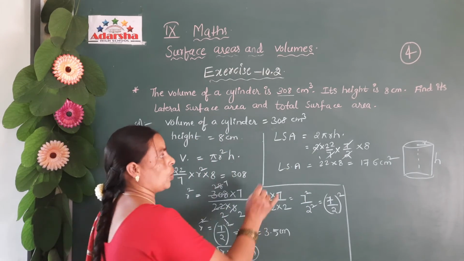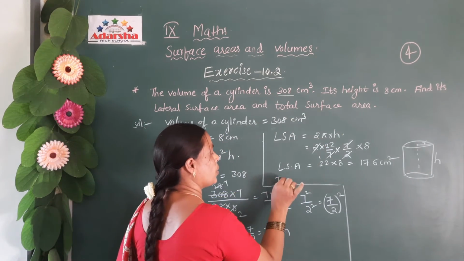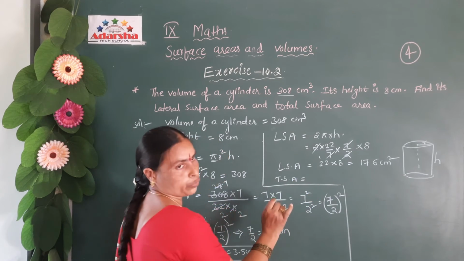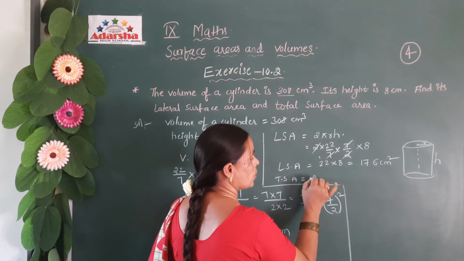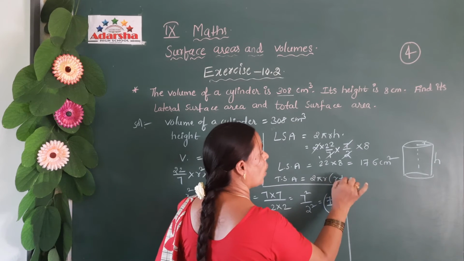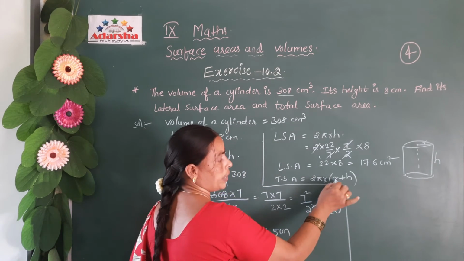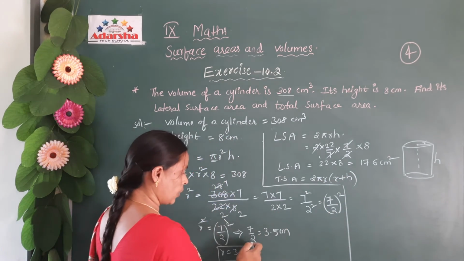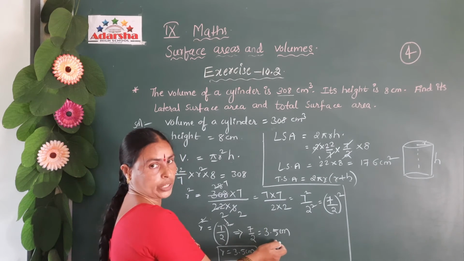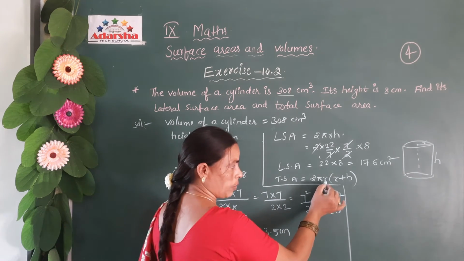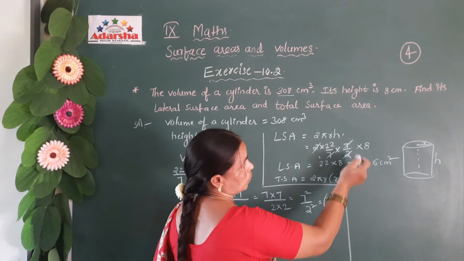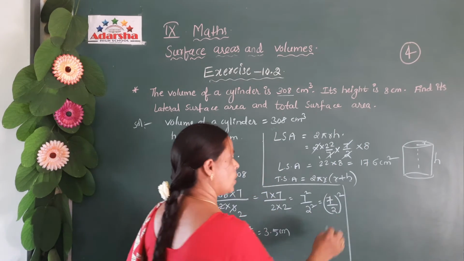Then we have to find the total surface area. TSA of the cylinder is equal to 2 pi r into r plus h. In this we know the radius. What is the radius we got? 7 by 2, that is equal to 3.5. Substitute 7 by 2 or 3.5. H is equal to 8 centimeters.